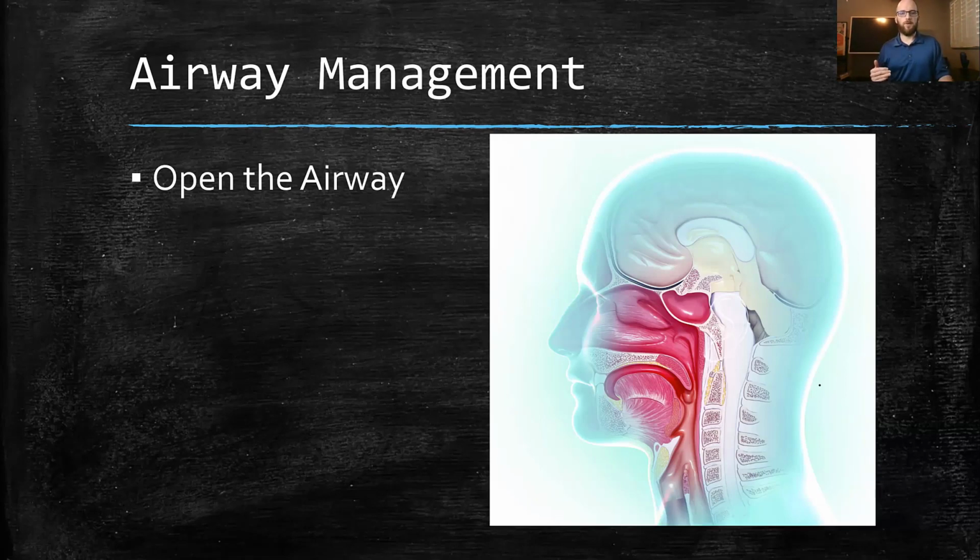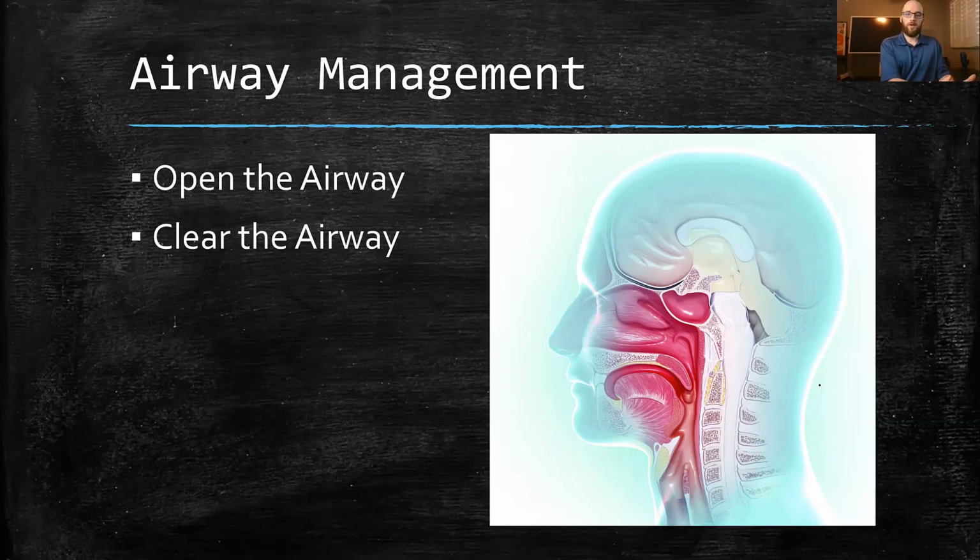And we're going to walk our way through a few different things that we can do for each of these steps. The next one is clearing the airway. Depending on the patient, whether they're unconscious on the ground or alert and talking to you, we may need to clear the airway.